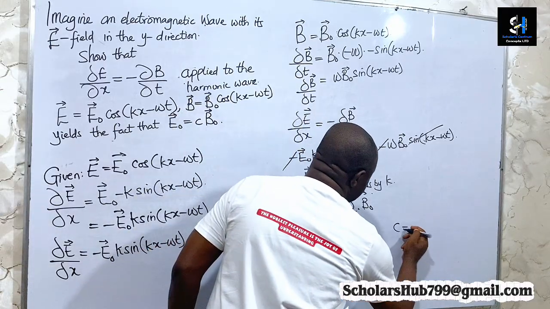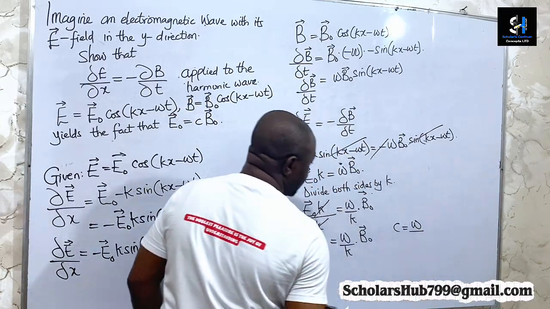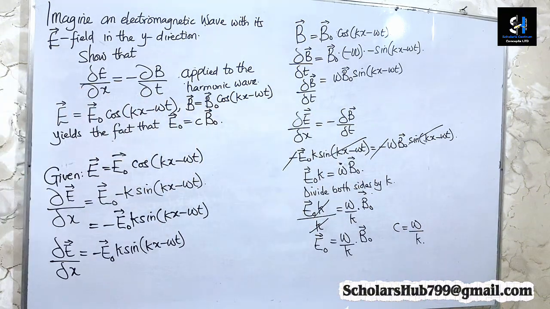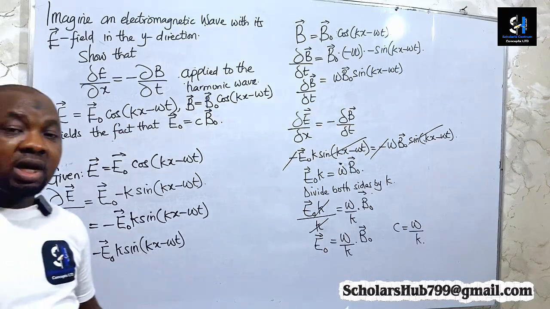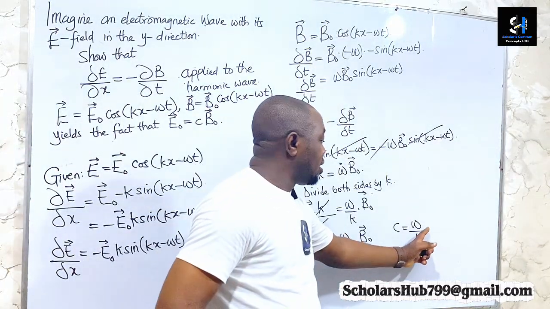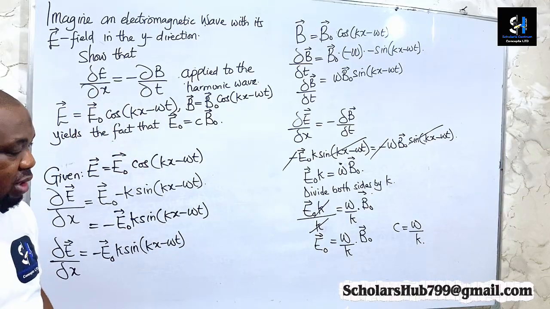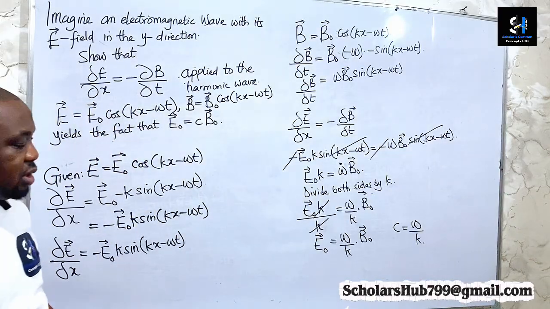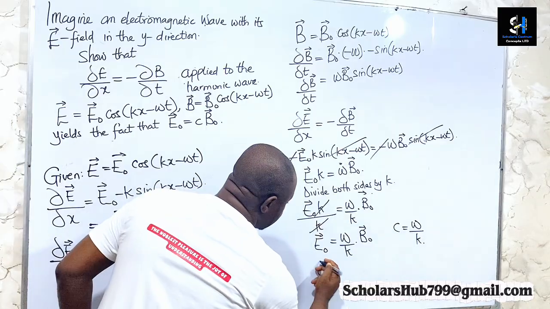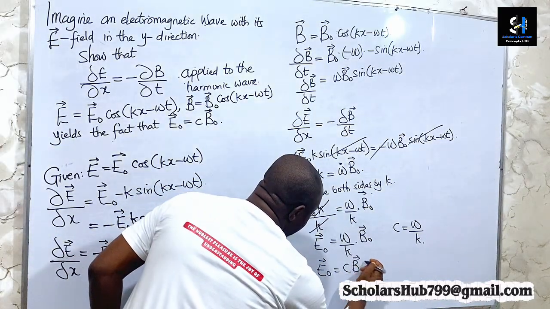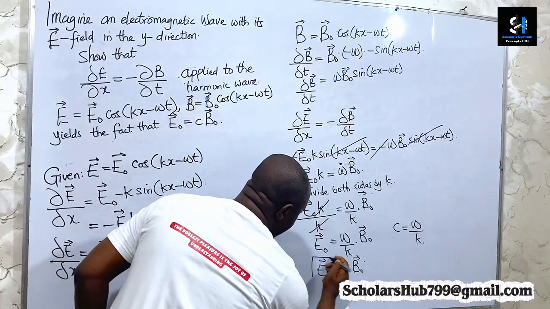Now, c is equal to w over k, that is the speed of electromagnetic wave, which can be expressed as the ratio of angular frequency to the wave constant or propagation constant. So in this case, we're going to have E naught equal to c multiplied by B naught.